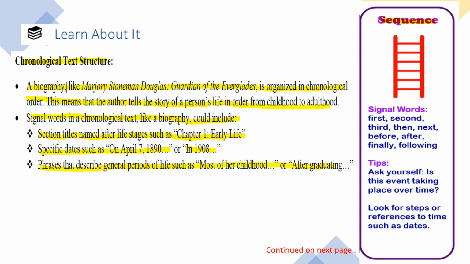Remember, you could also ask yourself, is this event taking place over time? Look for those references to time, such as dates. You also could look for signal words like first, second, third, then, next, before, after, finally, and following, especially if it's not the entire person's life, if it's just a section.